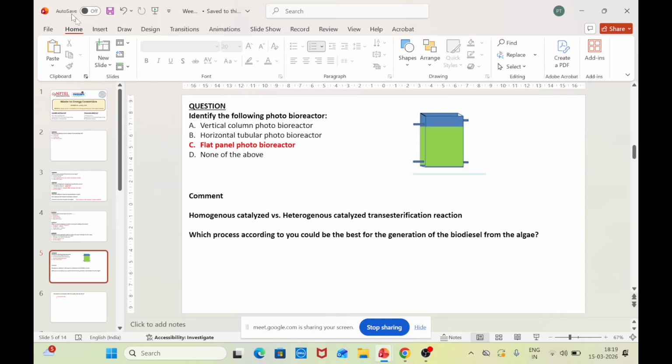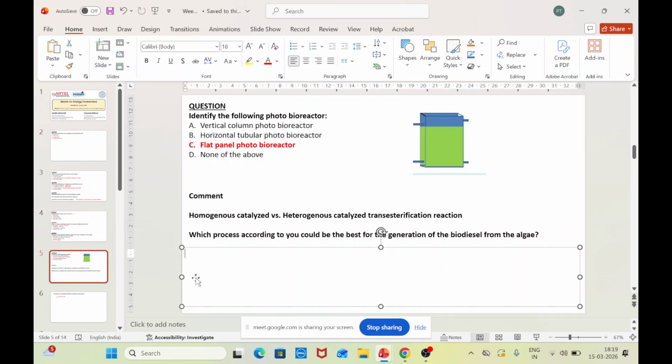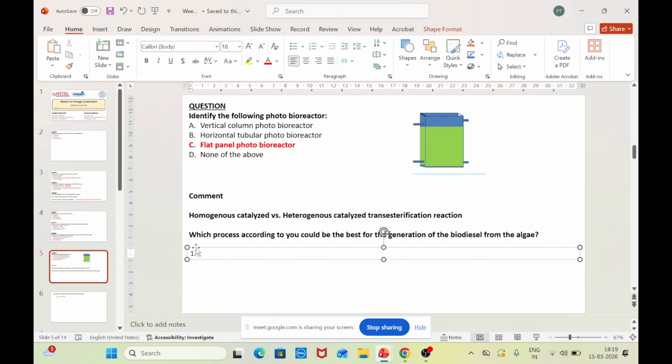So I'll just list the process here. You can let me know which one of the following is better as per the factors that I've listed. The first one is the conversion rate. Second one is the post-treatment step.